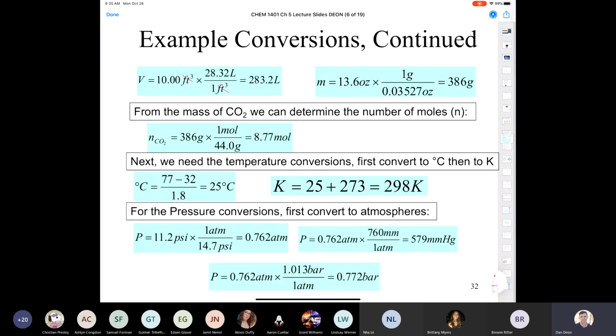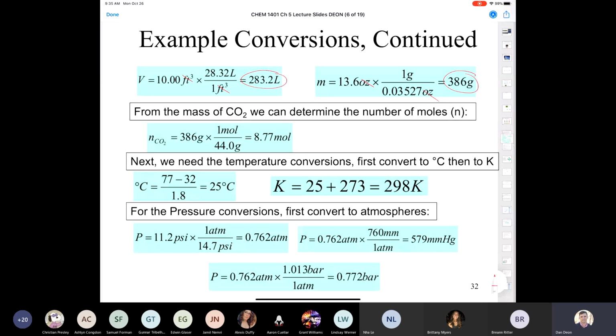It's asking us to express the mass of the carbon dioxide in grams, but they've given us ounces, and we know that in 1 gram there are 0.03527 ounces, so we just use that conversion factor. So now we have the volume of the steel vessel and the mass of the carbon dioxide.